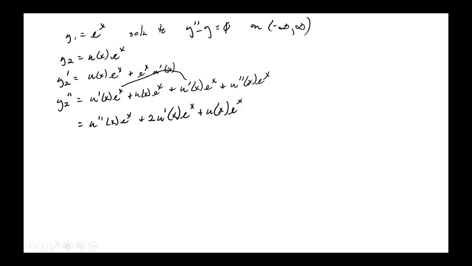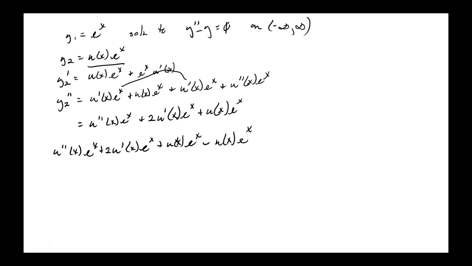Okay? So that's our y double prime. So let's plug this back into our original equation. U double prime of x e to the x plus 2u prime of x e to the x plus u of x e to the x minus what the original function was, u of x e to the x.